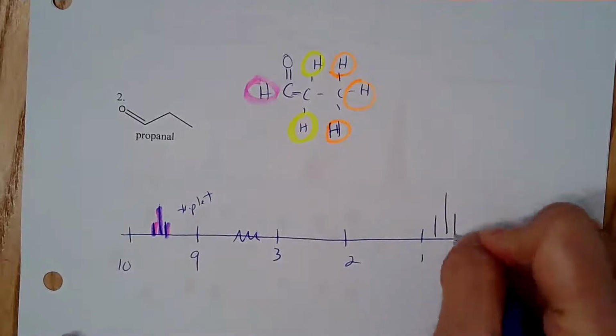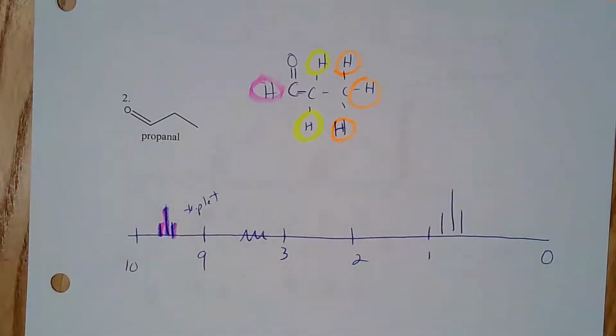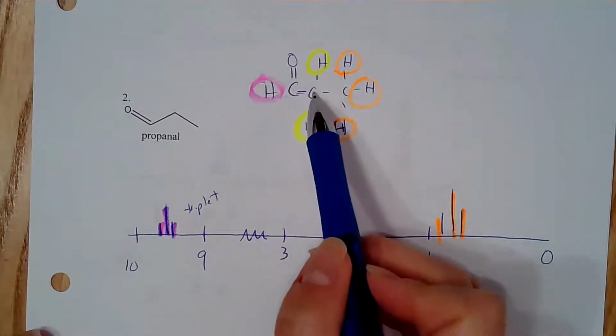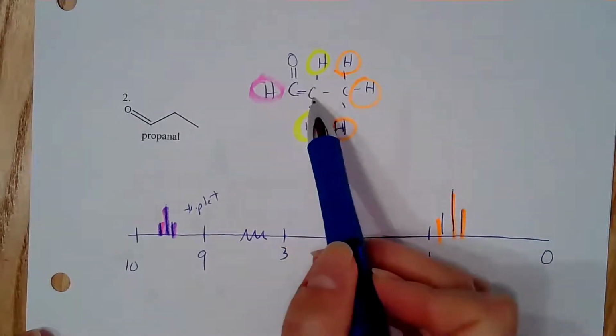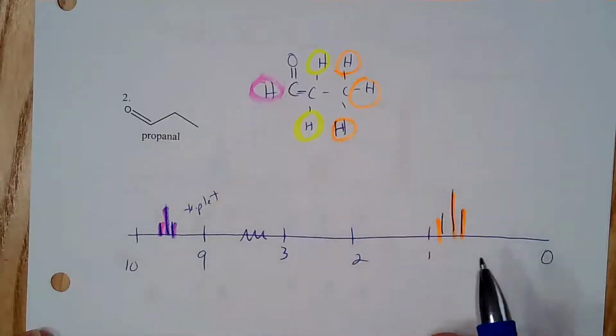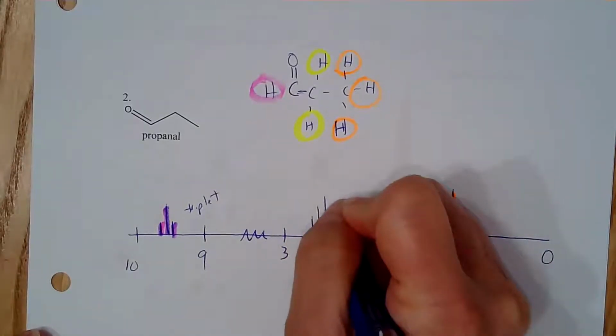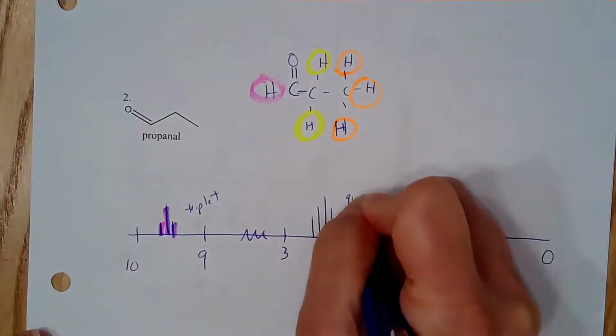So I do a triplet over here for my CH3s, done. And then my CH2 has how many neighbors? This neighbor has 1, and this neighbor has 3. So it's going to be a quintet: 1, 2, 3, 4, 5. So write down quintet.